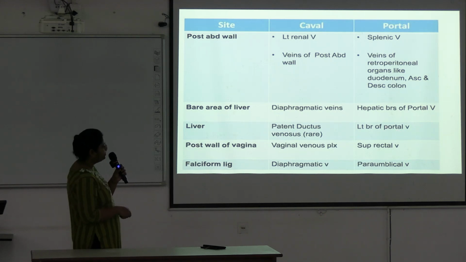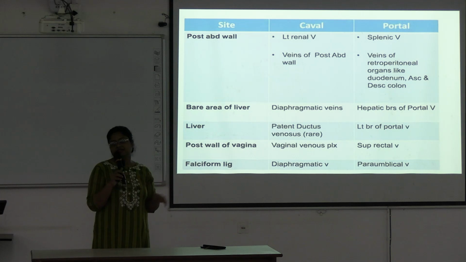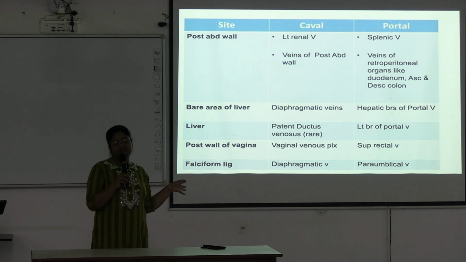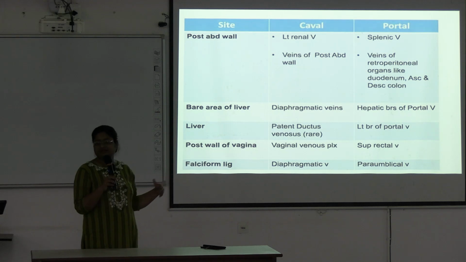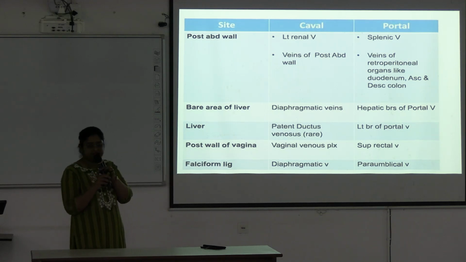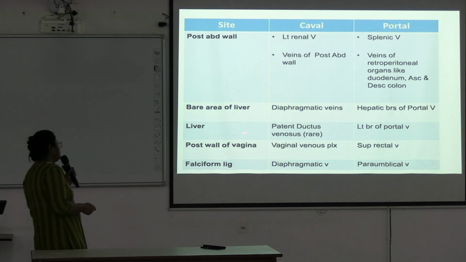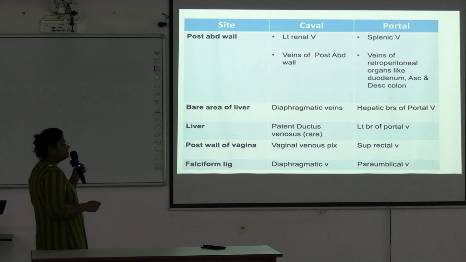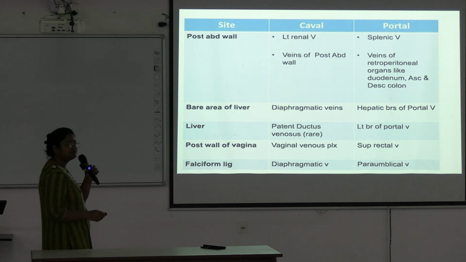Ductus venosus remains patent in fetus. After birth, it generally sclerosed. Okay, but in some patients, if it remains patent, then there will be direct portosystemic shunting. Posterior wall of vagina, vaginal venous plexus is systemic vein, superior rectal vein, portal. Within the falciform ligament, diaphragmatic vein, which is caval system, anastomoses with the paraumbilical vein of portal system.